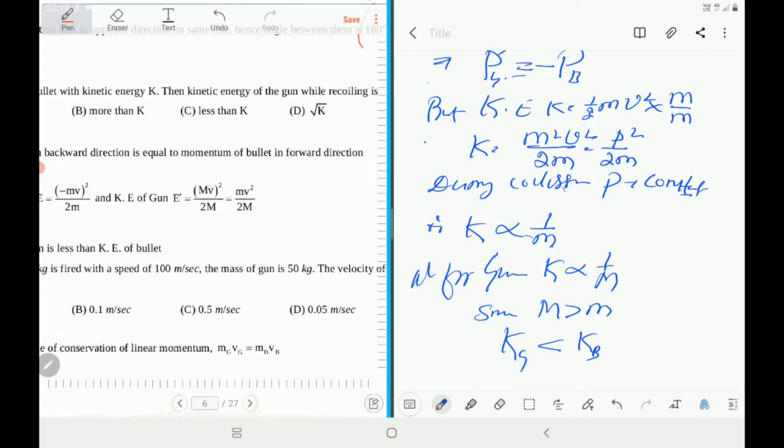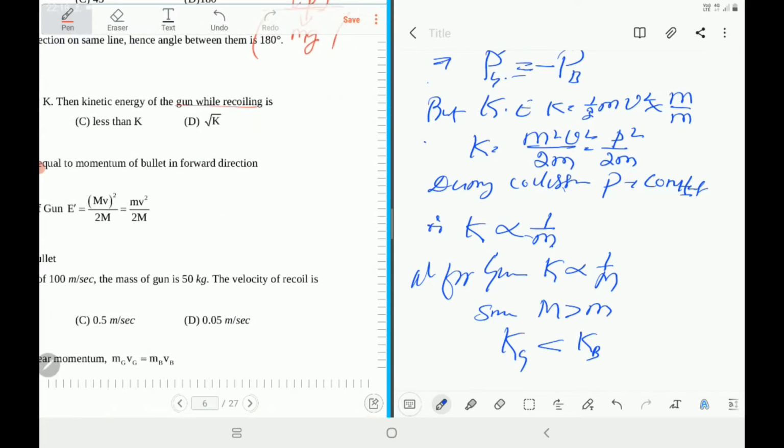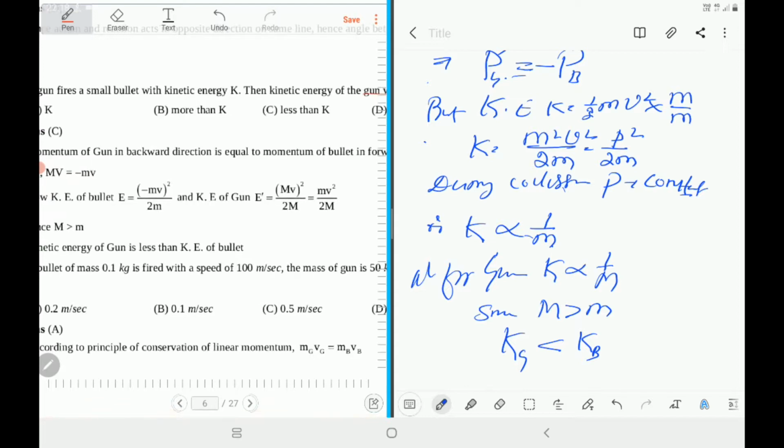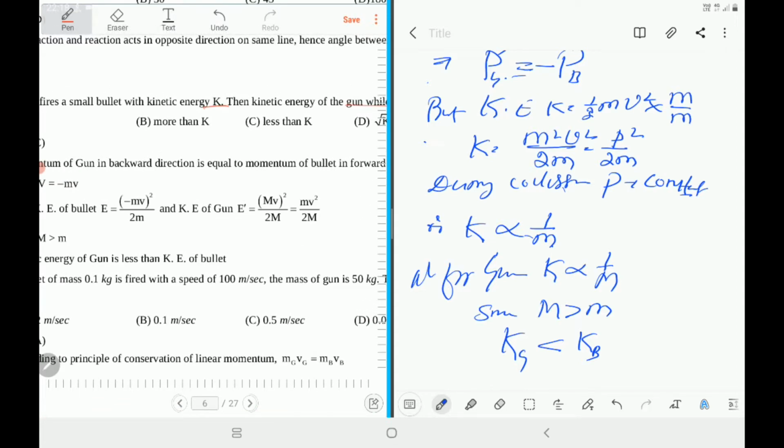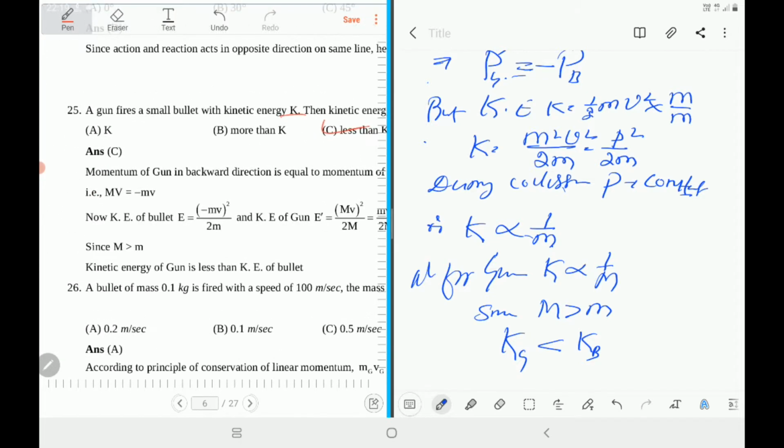So your answer: kinetic energy of the gun while recoiling will be less than that of K, where K is the kinetic energy of the bullet. The bullet moves with more kinetic energy because it moves faster, and the gun moves with less kinetic energy. Here total energy is conserved. Kinetic energy for bullet more, gun less. That's why option C. So you have to think like this, understand, right?